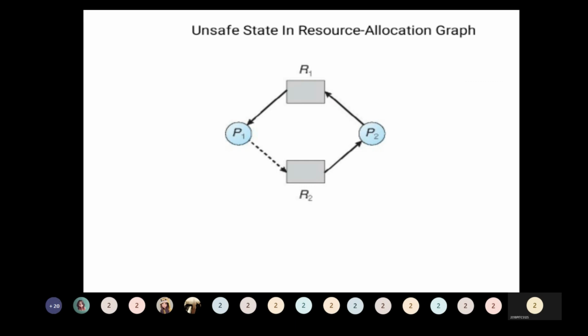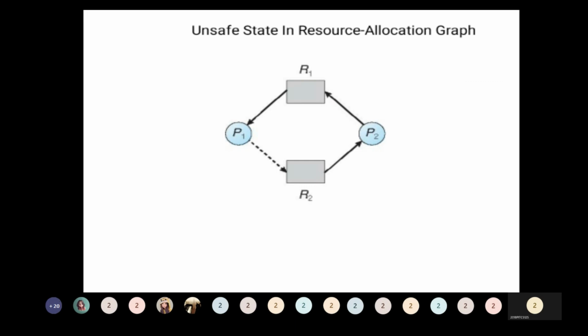So the scenario is that P1 is using R1, which is needed by P2, and R2 is currently used by P2, which may be needed by P1. P1 will leave R1 only when it completes.